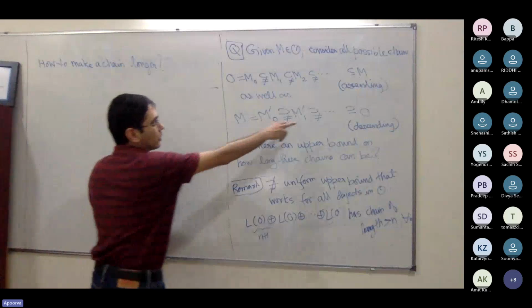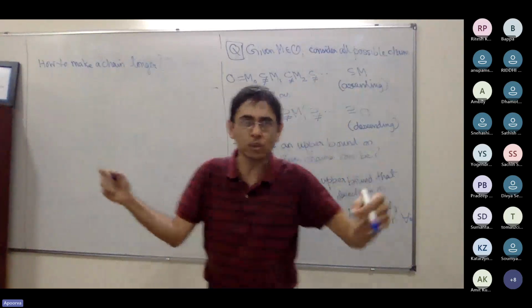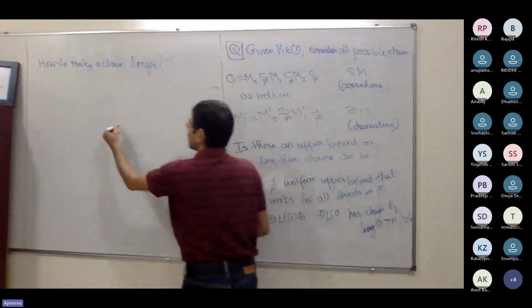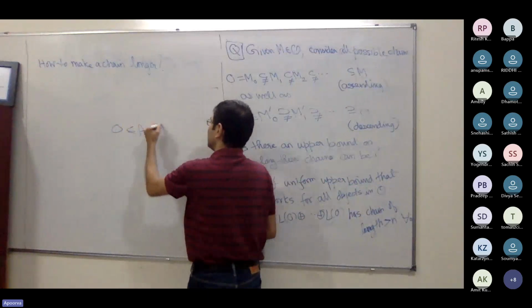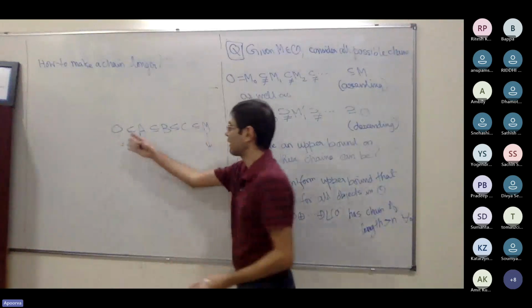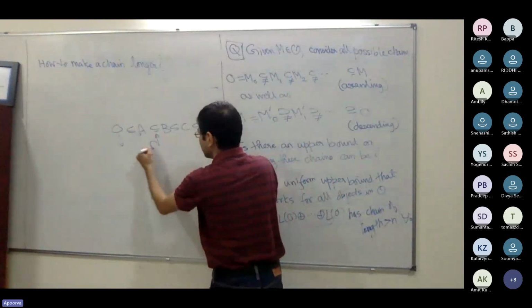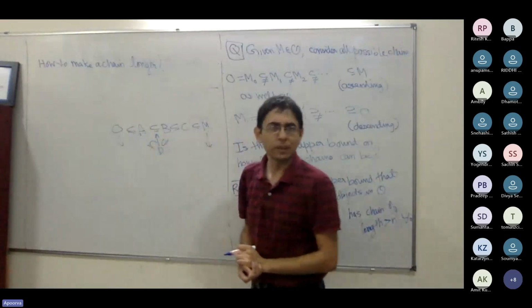Suppose I have some M, and longer means I have to insert some extra terms between the submodules. I have 0 contained in A, contained in B, contained in C, contained in M. I know M is here, I know 0 is here. I want to make the chain longer. That means I have to insert some module in between, say between A and B.